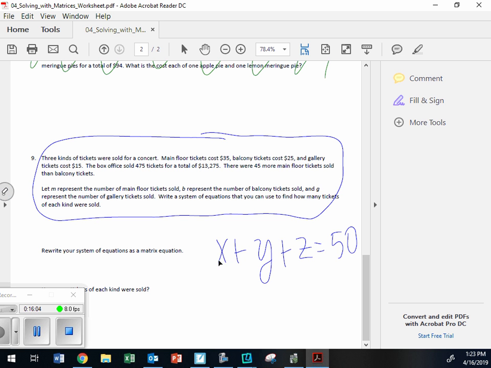Sometimes there are only 2 equations, 2 variables. So like, let's say it was just x plus y equals 50, and 2x plus 3y equals 60. Then you could just set up a little smaller matrix, what's called a square matrix, it's 2 by 2. All right, so my point is they don't always have to be 3 by 3 matrices when it's word problems.